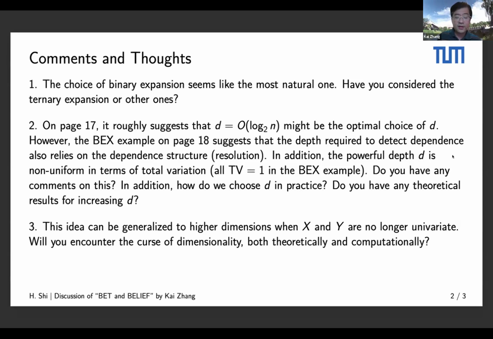Third question, when things are no longer univariate and there's a dimensionality issue. We can take the same approach, and we have a paper on it. In that paper, we take a characteristic function approach to decompose all kinds of relationships into interactions of binary variables, and that works for any distribution in any dimension.